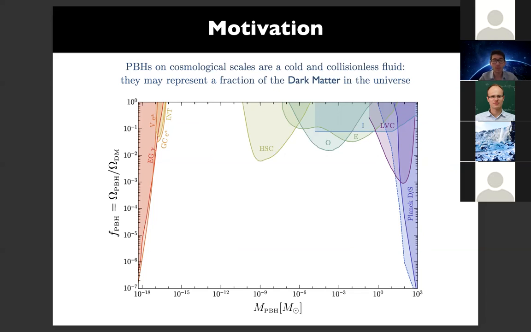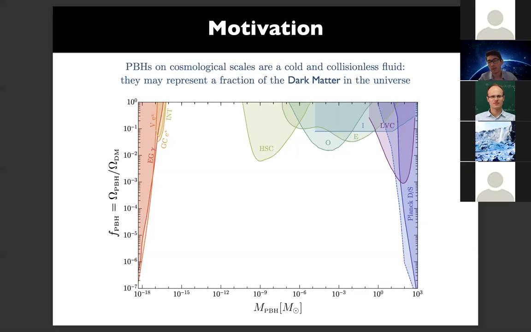And there are, of course, several observational constraints on the PBH abundance, which come from several phenomena. So, for example, for very small masses, one has constraints from Hawking radiation, while for larger masses, there are constraints from microlensing events.